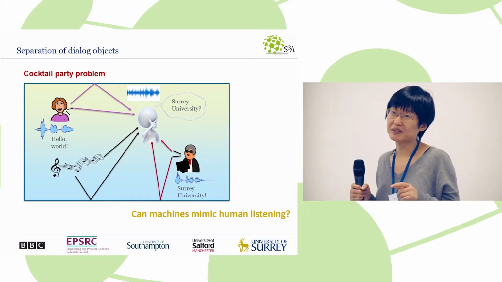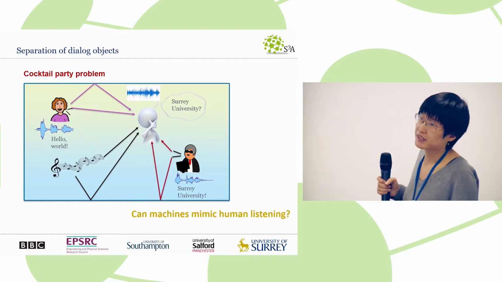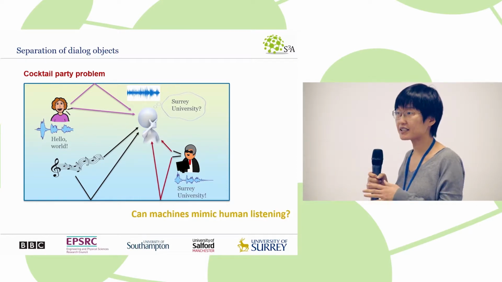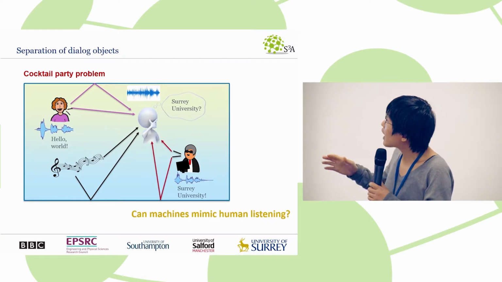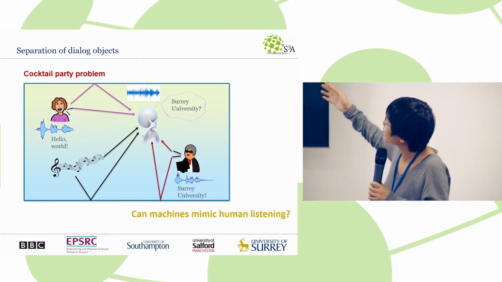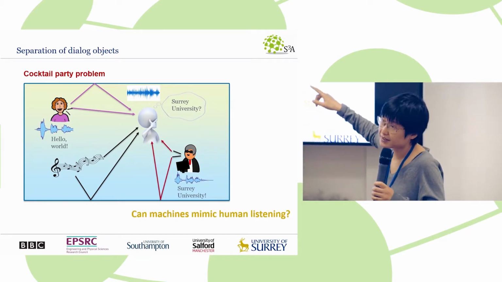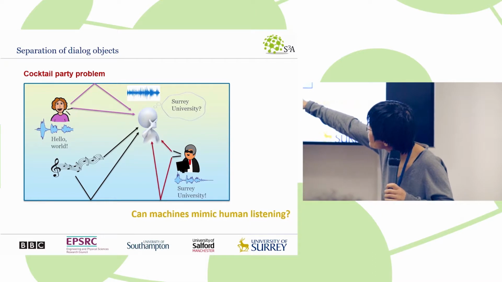In the first task, we need to apply speech enhancement for the extraction or suppression of the dialogue signals. This is often related to the cocktail party problem. We can see this simplified diagram showing the cocktail party problem. There are two speakers speaking at the same time, and also some background music noise.